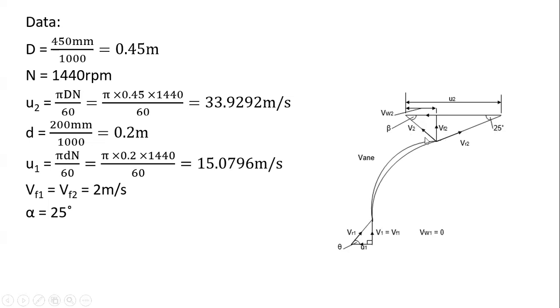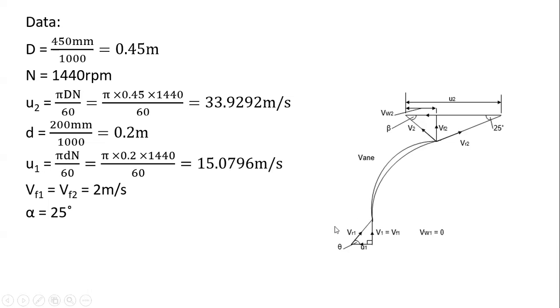Then you have V2, the absolute velocity of water on exit, basically the velocity of the impeller on the vane at the exit. Just like the other one, it was the bucket, but this time it's the vane. These are different. For U1, it's smaller. For U2, it's bigger because the diameter we're dealing with is bigger. Then you also have the relative velocity, VW2 here.